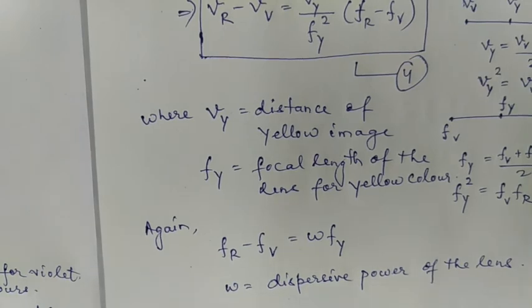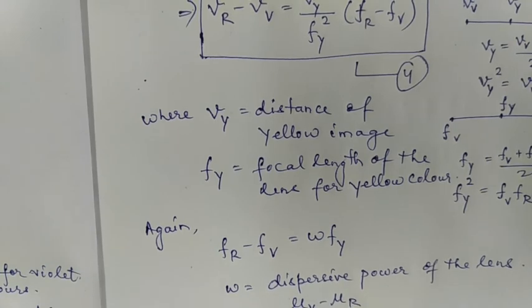And you can say that omega is nothing but mu v minus mu r divided by mu y minus 1. This is the expression for the dispersive power of the lens.